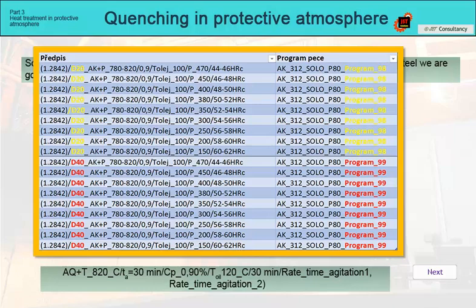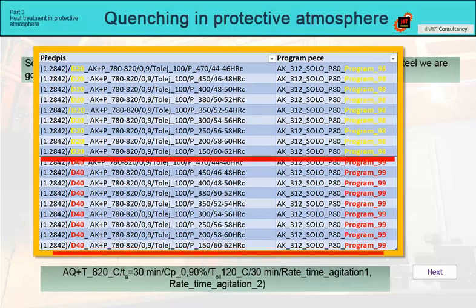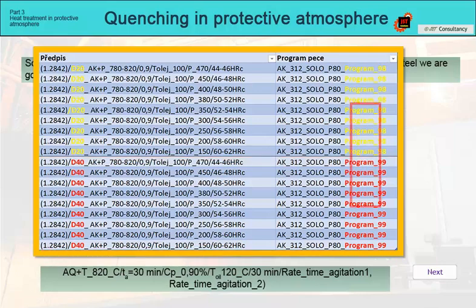For each characteristic dimension, in this case dia 20 or dia 40 millimeters, there is a reference to the furnace program number in the routing, and it differs only in the selection of holding time at temperature depending on the dimensions of the parts and batch assembly. Other program parameters, such as carbon potential, austenitizing temperature, oil temperature, agitation, will be the same.